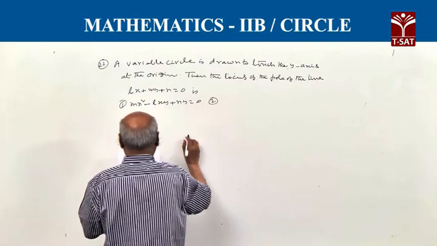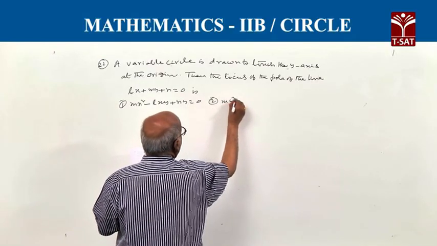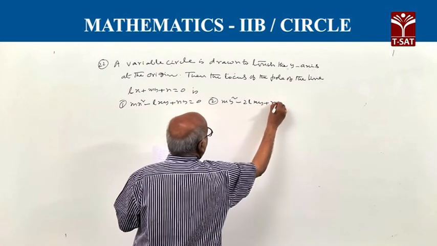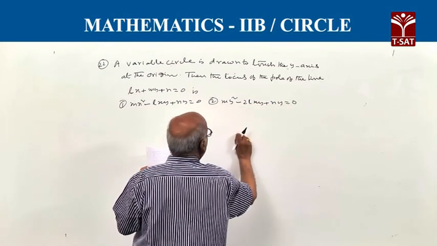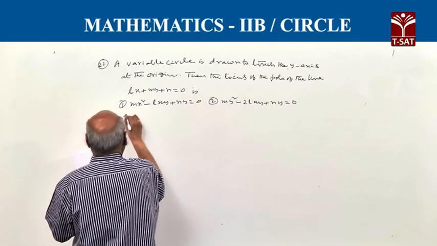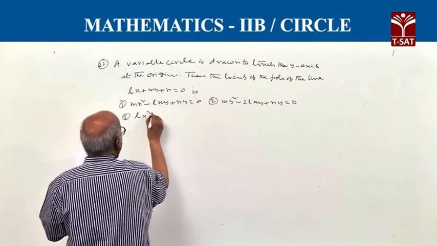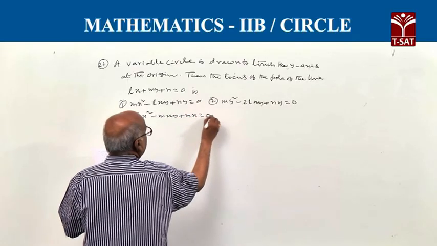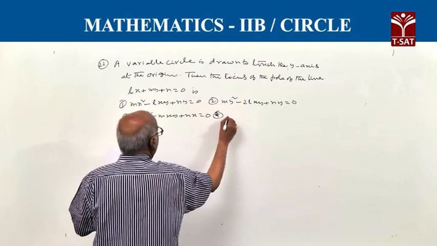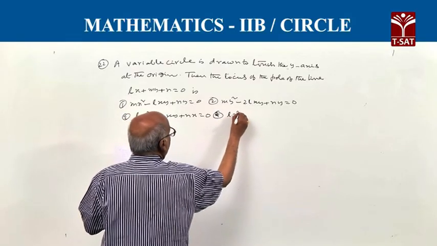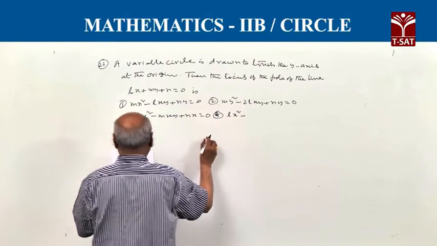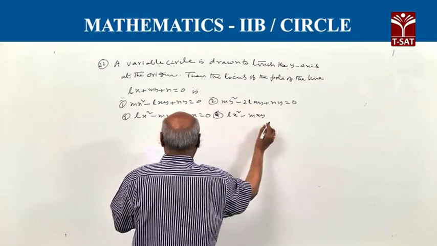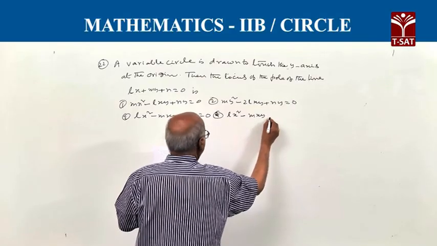Number 2, my square minus 2Lxy plus ny is equal to 0. Number 3, Lx square minus mxy plus n equal to 0. Number 4, Lx square minus mxy plus ny equal to 0.